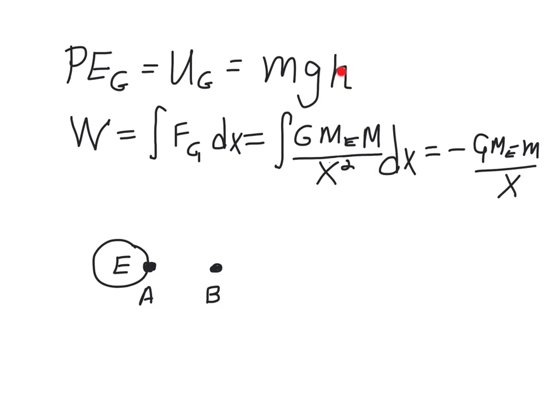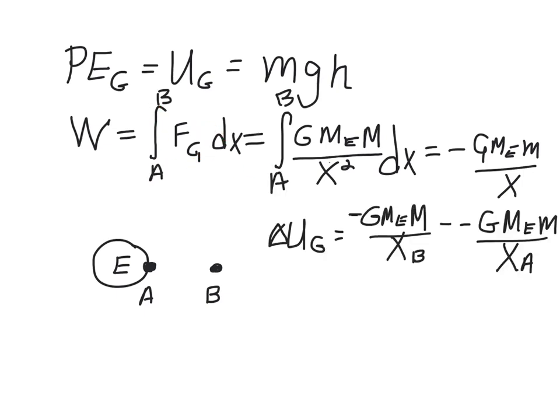But now we want to generalize this, and we want to calculate the work, say, that it would take to move an object, say a satellite, from the Earth's surface to some position far away from the surface. And so we're going to do the integration of the force of gravity times the displacement in small amounts, right? So F_G dx integrated between A and B. Let me write that in.